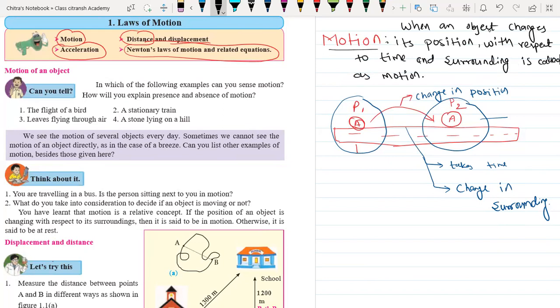Easy? Very easy. So you have to describe motion like this all the time.